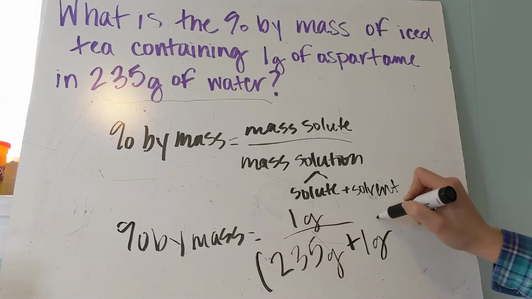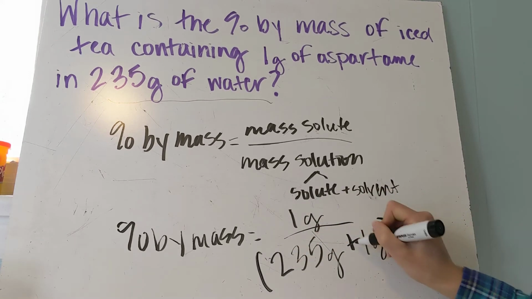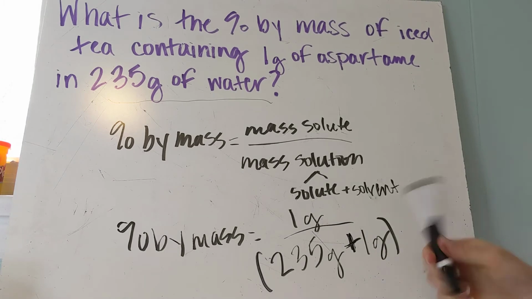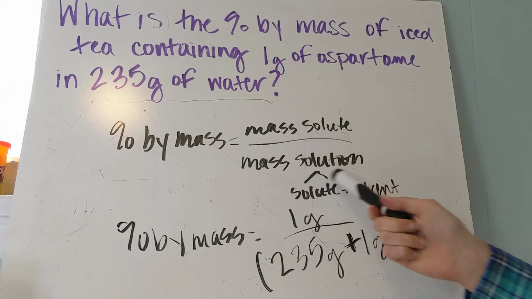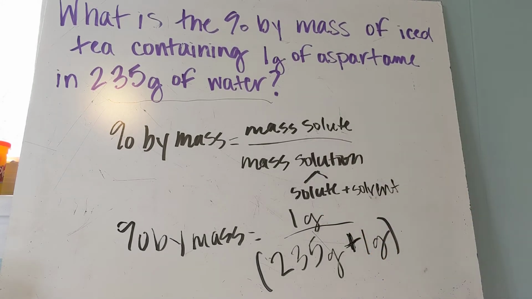If you're going straight into your calculator, make sure you put parentheses around that. Also, make sure you're putting in a plus sign right here. This is not a multiplication symbol. Since this is a total down here, our solution, solute plus solvent, there should be an addition sign, plus sign.